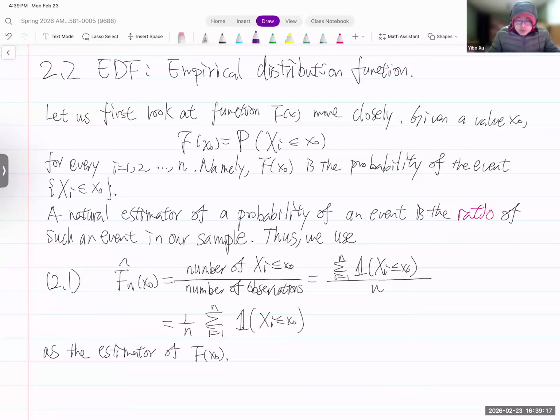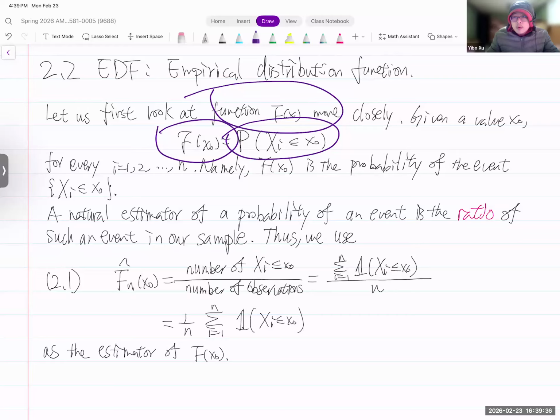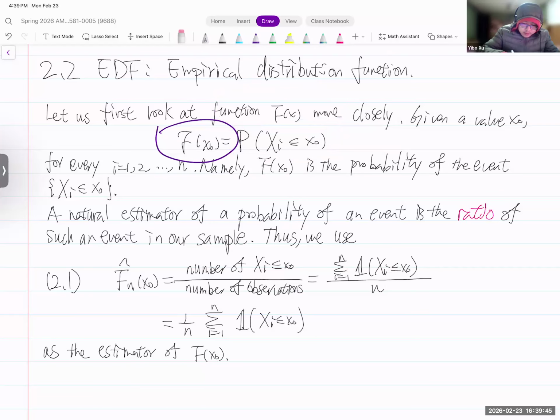What's the idea? Remember, when we have a CDF that we want to approximate, it's f of x. For different x values, there will be a different value of the CDF, which represents the probability that the random variable, or the random sample xi, is upper bounded by x0. That's the way the CDF is defined.